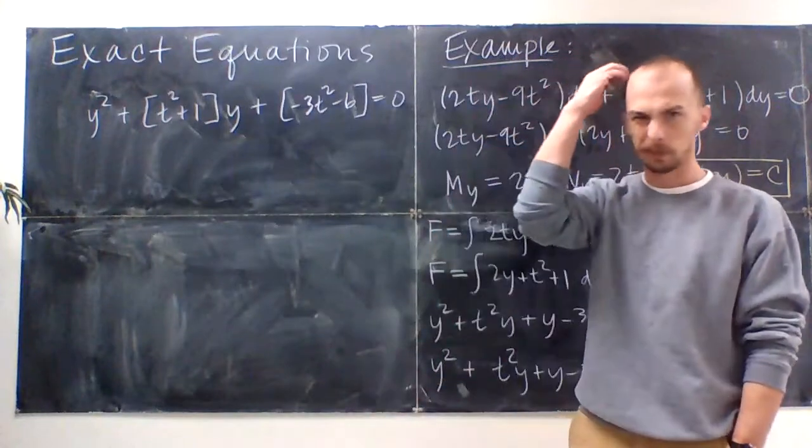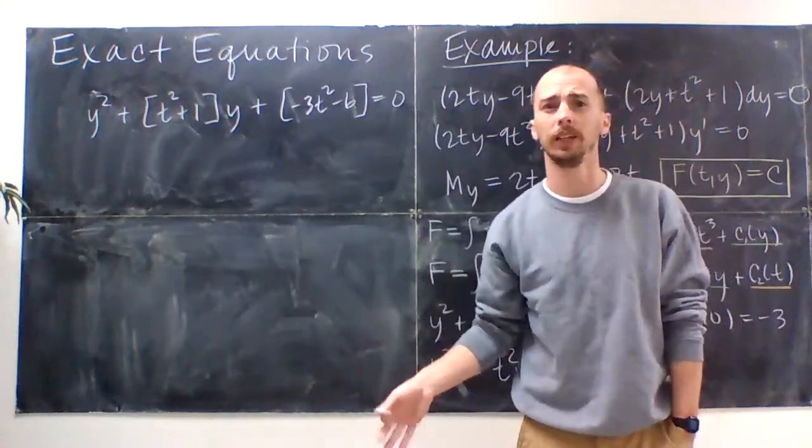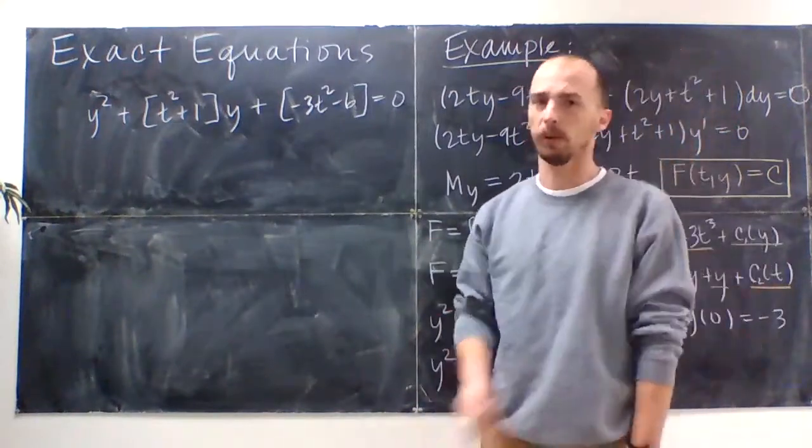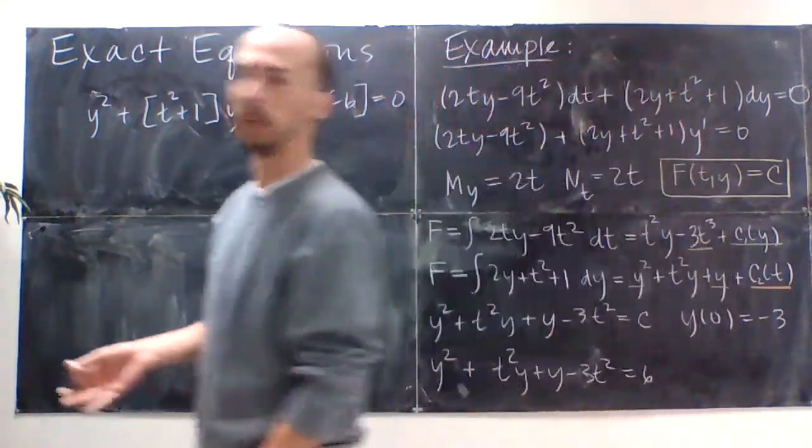If we've got ay squared plus by plus c is equal to 0, then we can solve for y in terms of a, b, and c. Well, nobody ever said that a, b, and c couldn't themselves be a function of t, right?